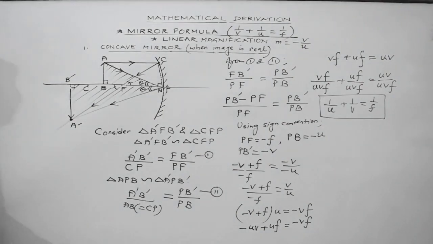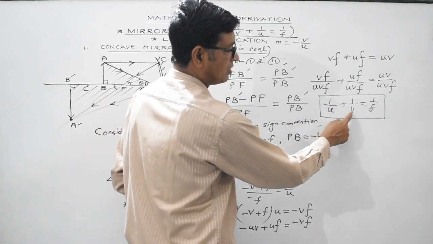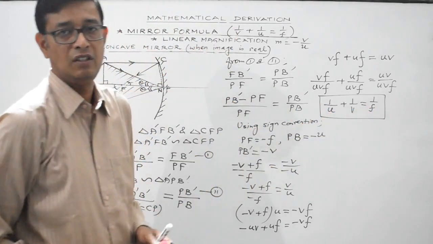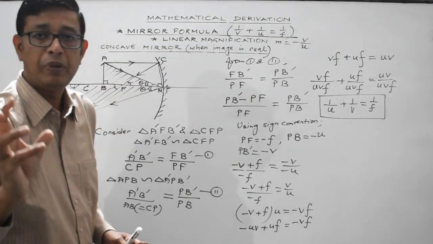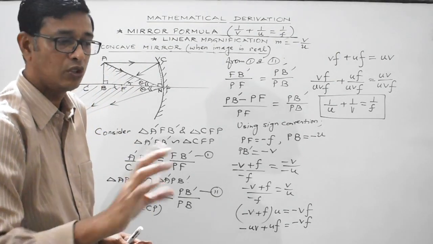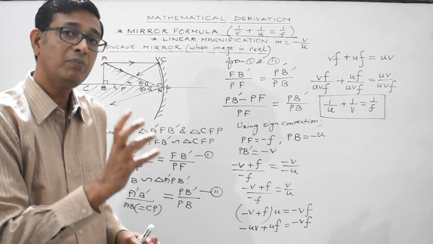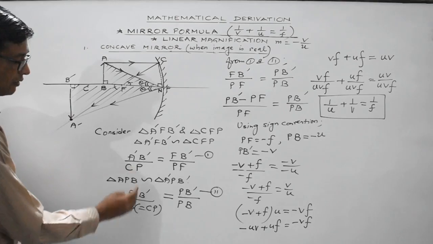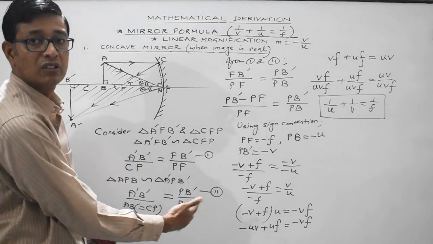So mirror formula is a relationship between the object distance, image distance and the focal length of a mirror, right? So you need to choose two pair of triangles. You need to prove that they are similar and then the corresponding sides are proportional. Ensure that the left hand side of these two equations must be same so that you can equate the terms on the right hand side.